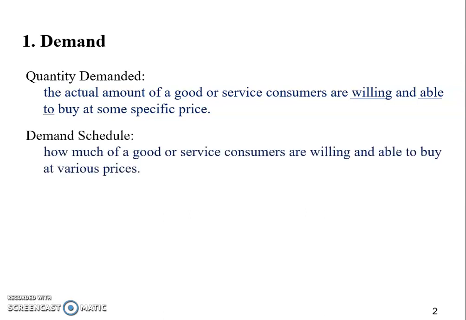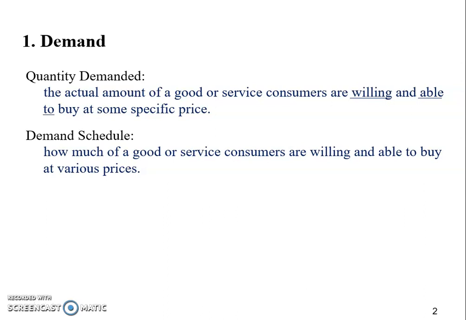Demand schedule tells us how much of a good or service consumers are willing and able to buy at various prices. In other words, it's not going to show us just one combination between price and quantity. It will show us all combinations between the prices and the corresponding quantities.